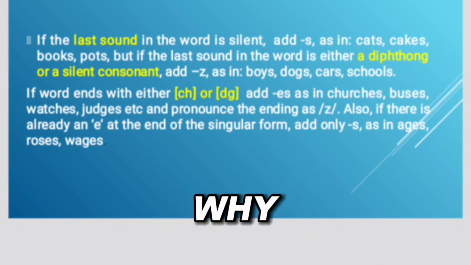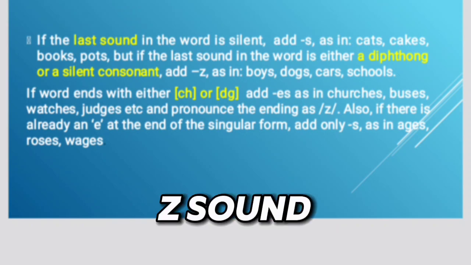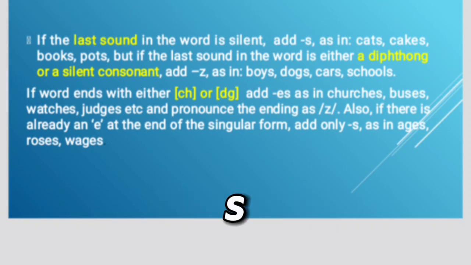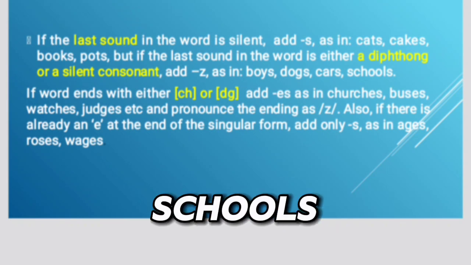So that's why you have boys, dogs, cars, schools. This z sound is there, not the s sound: not boys with s, not dogs with s, but dogs with z.